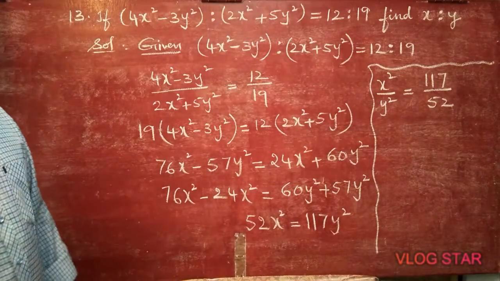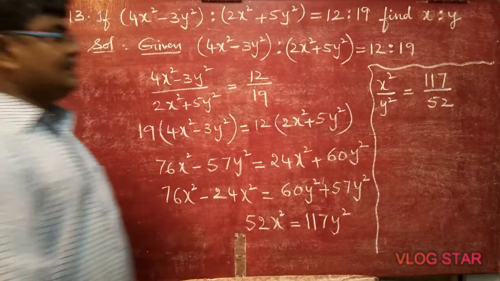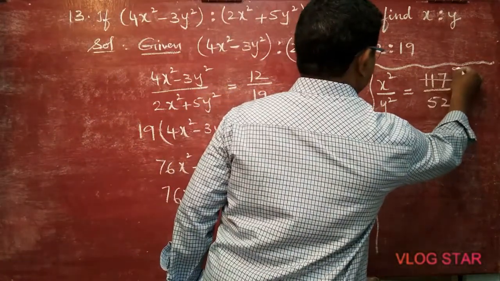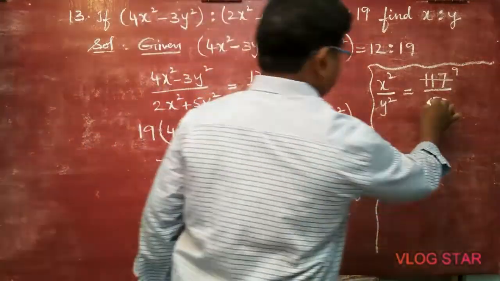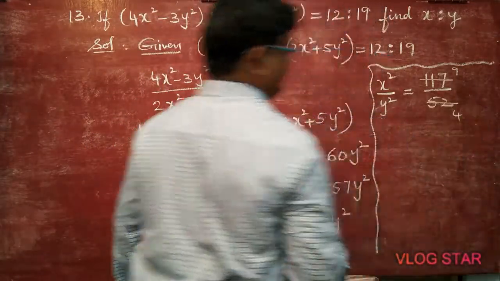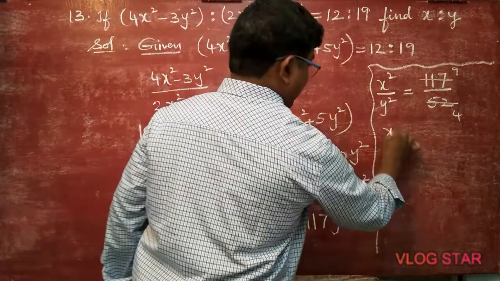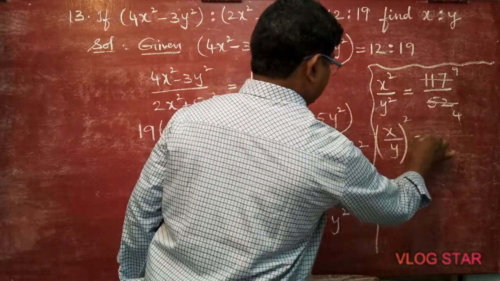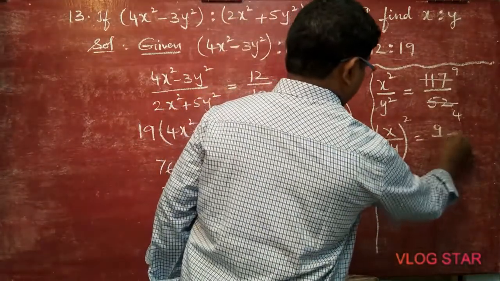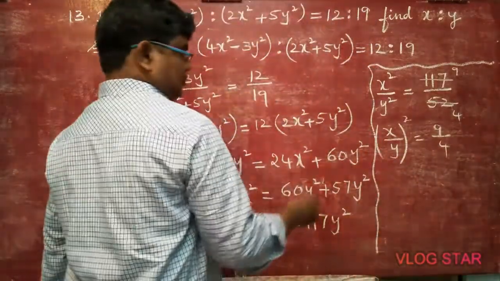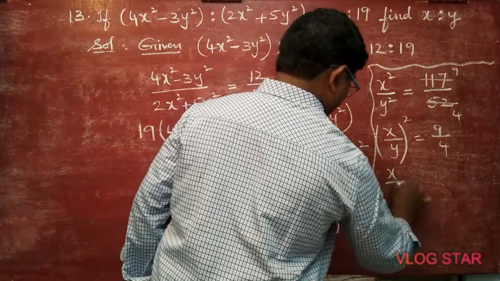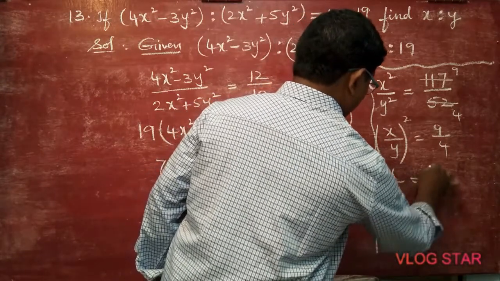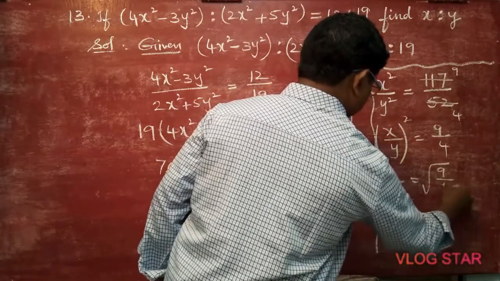13 table goes. 13 9s are 117. 13 4s are 52. Now (x by y) whole square is equal to 9 by 4. Square goes to that side. x by y is the square root of 9 by 4.